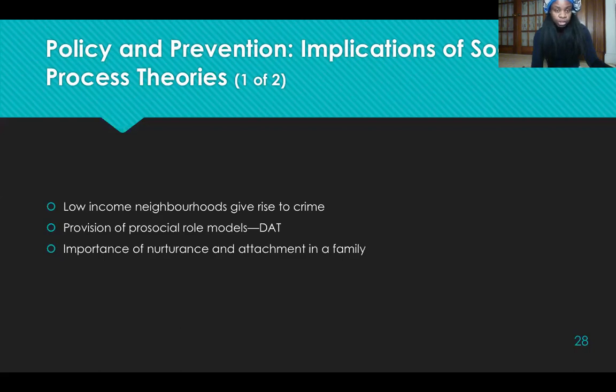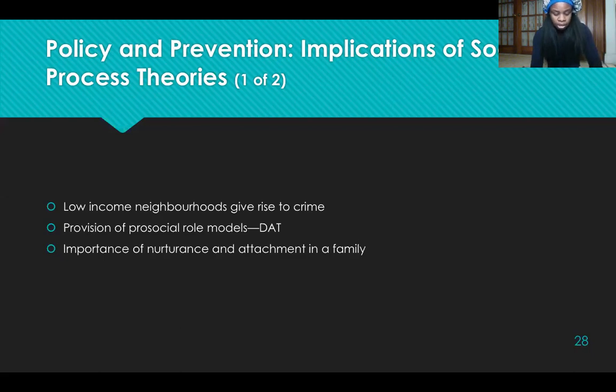Because differential association theory concerns itself with the influence of role models and intimate peer groups, the provision of pro-social role models to replace antisocial ones is an obvious thought. Probation and parole authorities have long recognized the importance of keeping convicted felons away from each other, making it an offense to associate with known felons.